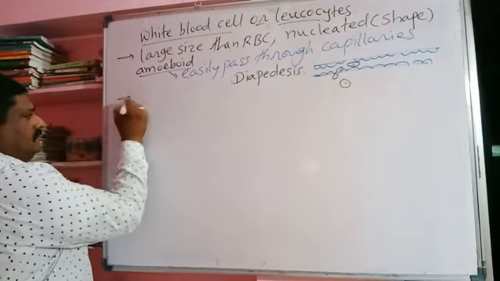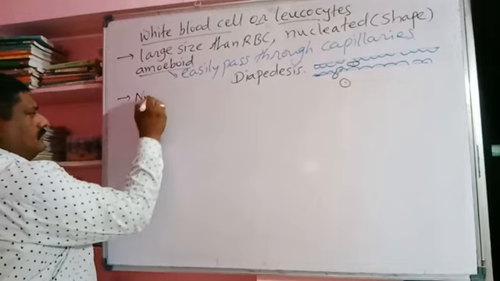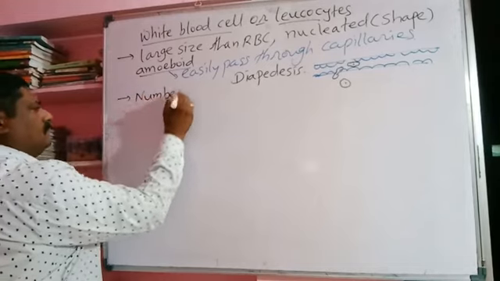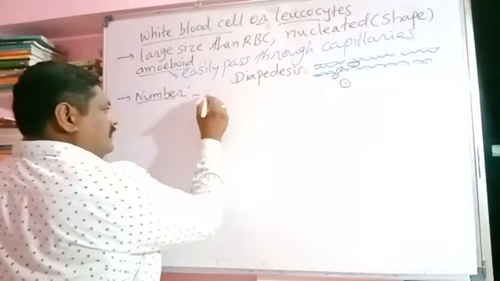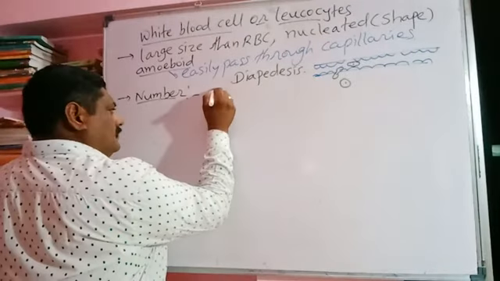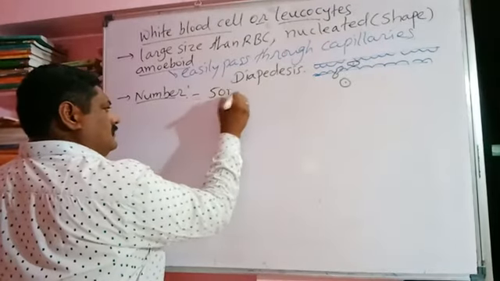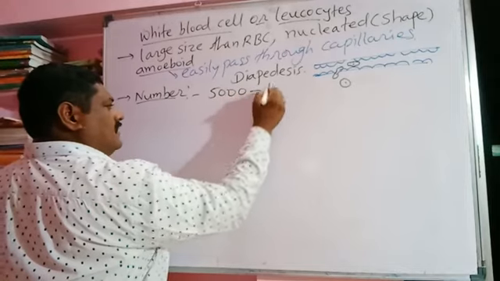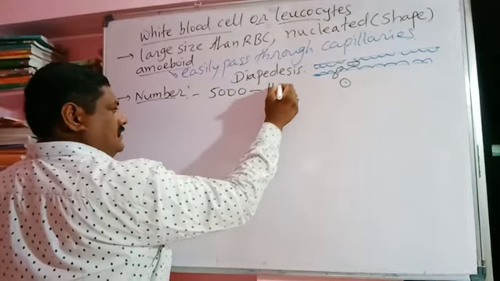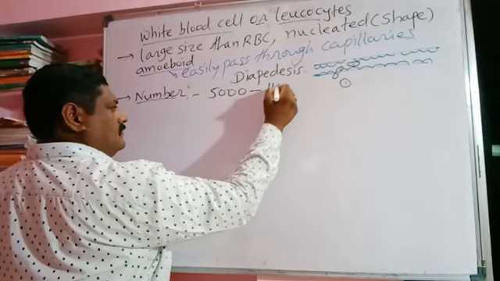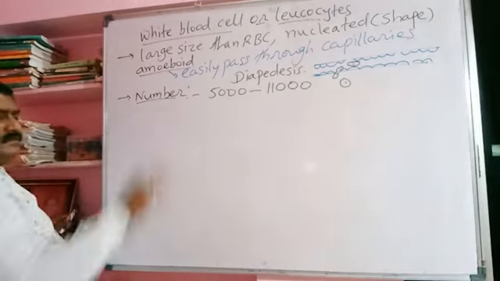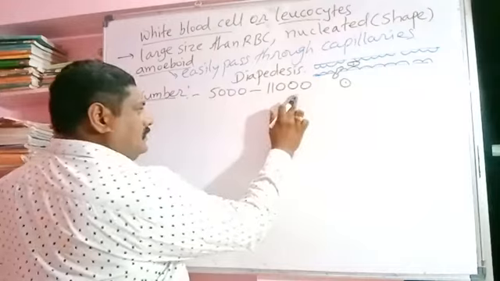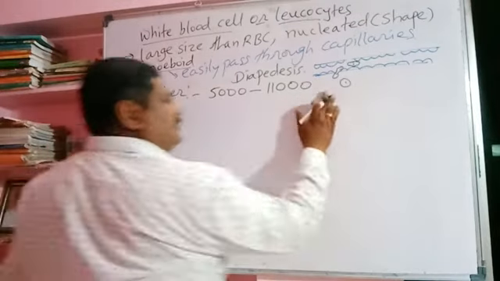The number of WBC in the adult human being is about 5,000 to 11,000 per cubic millimeter.